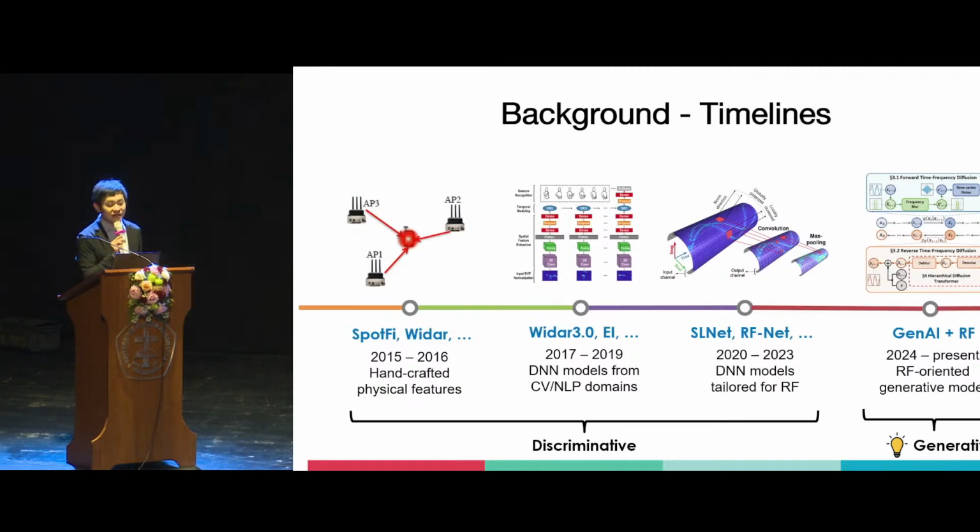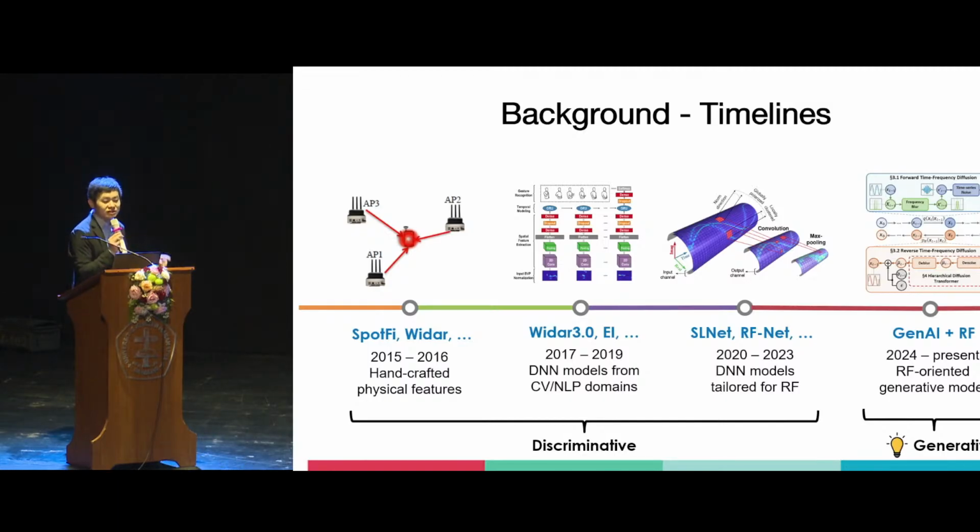At the second stage, from around 2017 to 2019, along with the success of deep neural networks in computer vision, the wireless sensing community began to use these classic and successful models on wireless signals and developed many solutions.